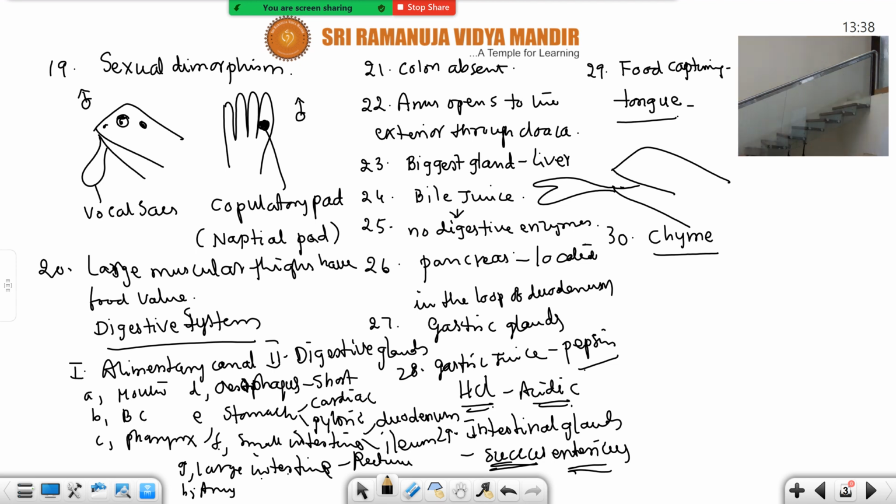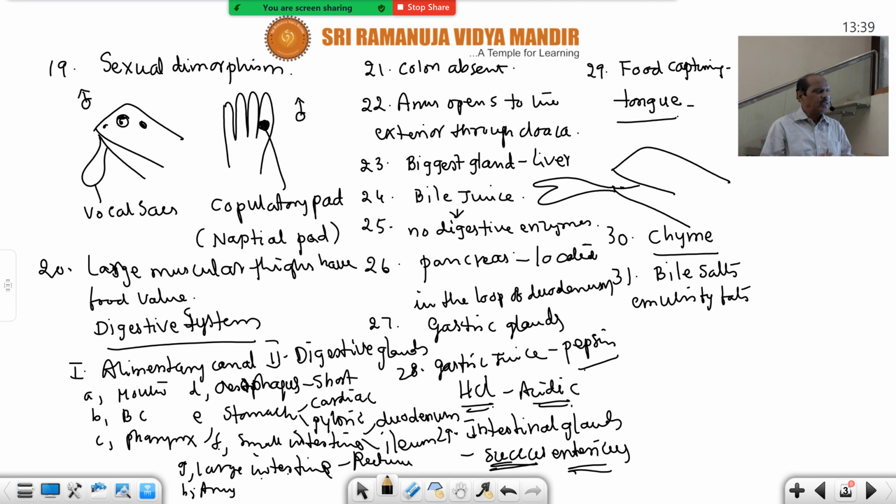Then afterwards it leaves the stomach and reaches the duodenum, where it receives bile juice, and bile salts emulsify fats. Fat emulsification occurs in the duodenum. What is emulsification? Splitting of macromolecules of lipids into micromolecules, just like curd, how we break the molecules in the curd by churning.